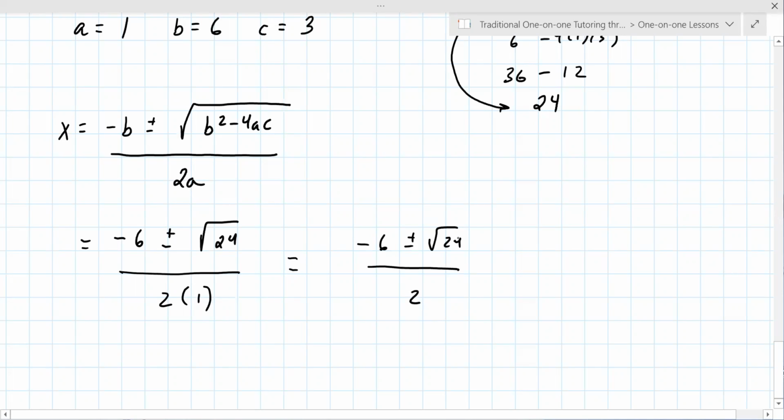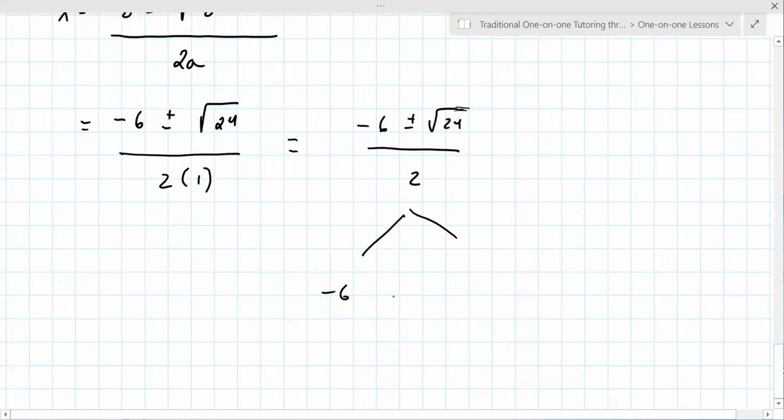And there is an additional step here, but I want us to not do it because it's just going to further complicate the problem. That right there is -6 plus or minus the square root of 24. You cannot combine them. It's impossible.